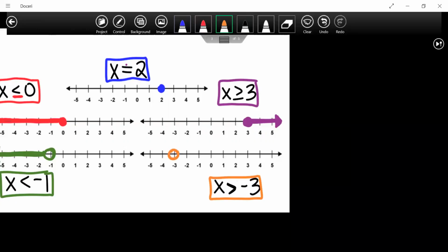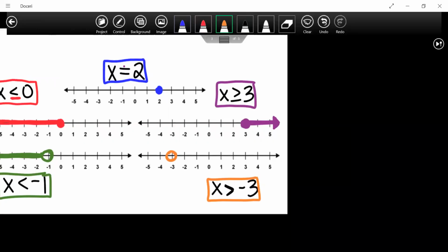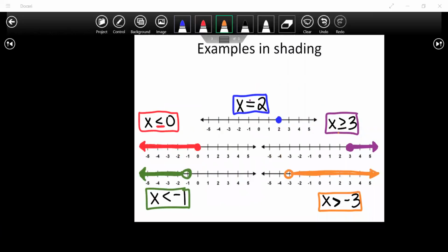It's at -3, so we mark it at -3. What direction is my arrow going, left or right? Right. So my arrow is going to go right. Easy or hard? Easy. Okay, and that's what we want to be able to see for our types.